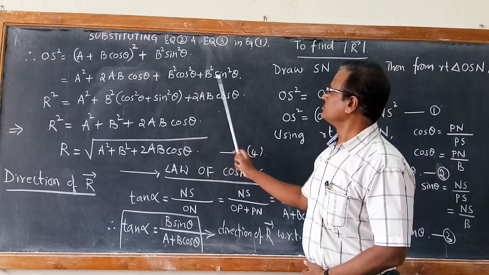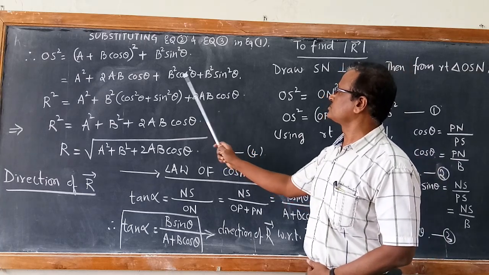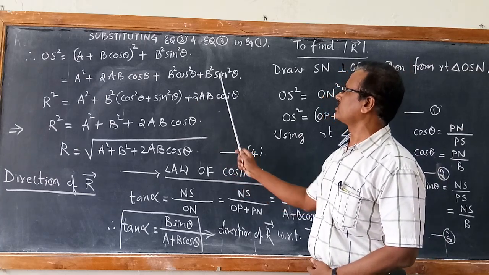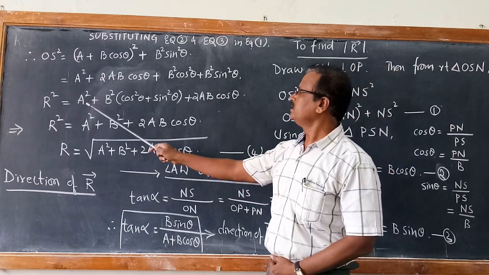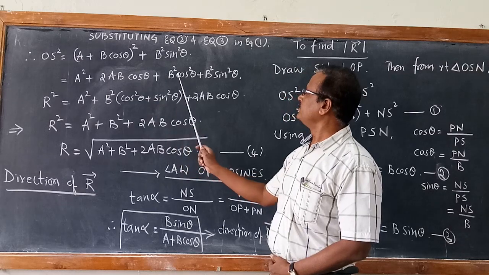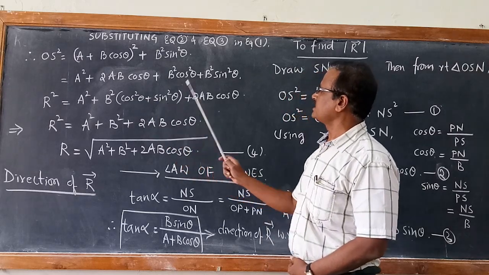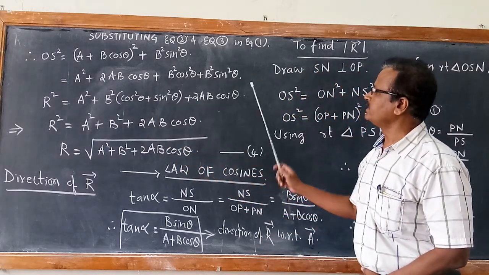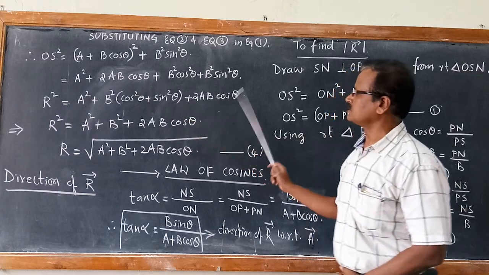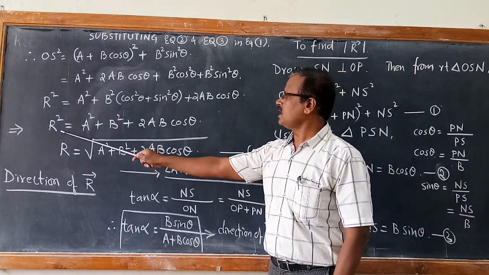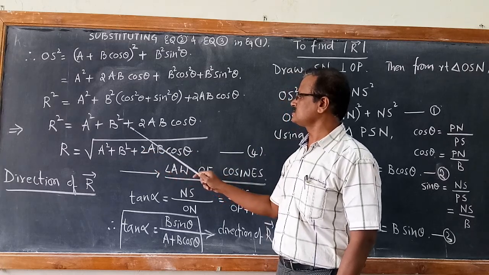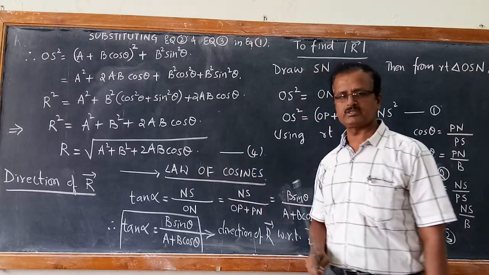In these two terms, B square is common. If you take out B square common, it becomes cos square theta plus sin square theta. That's how I have written here. A square plus B square times cos square theta plus sin square theta plus 2AB cos theta. Next step it becomes simple. R square is equal to A square plus B square plus 2AB cos theta.